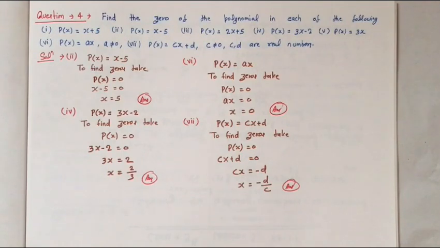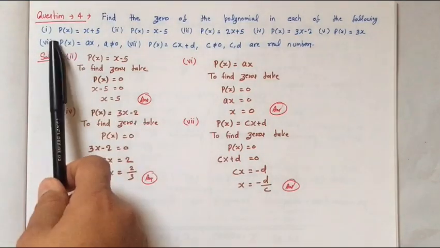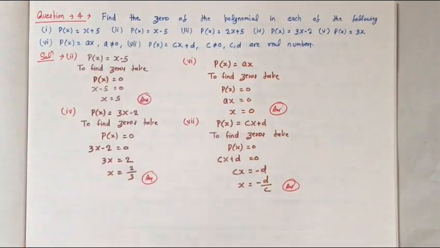So for calculating the zeros of a polynomial, you know that you have to take the polynomial equal to 0, right? To find the zeros of a polynomial, you have to take the polynomial equal to 0. Now here how many parts are there? 1, 2, 3 and up to 7 parts.